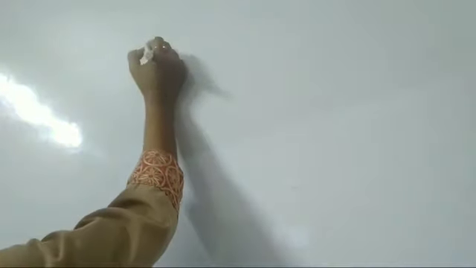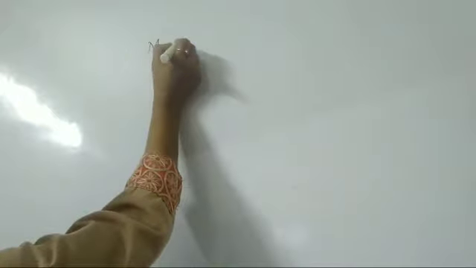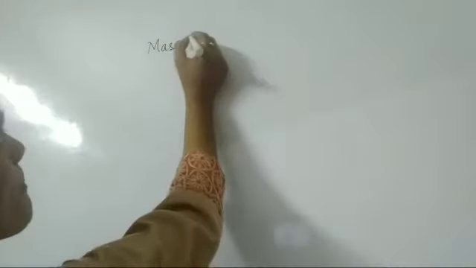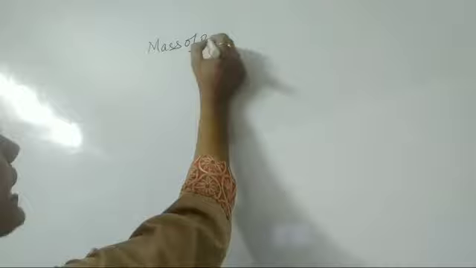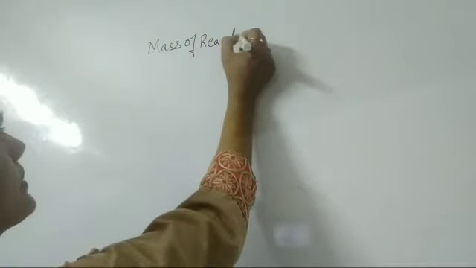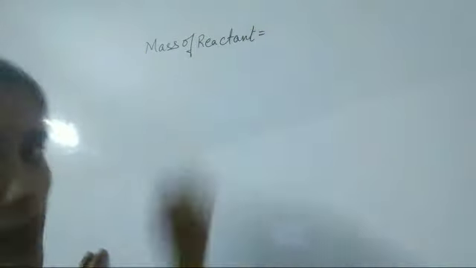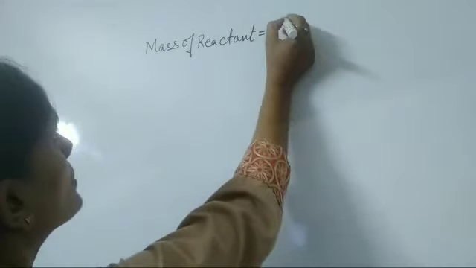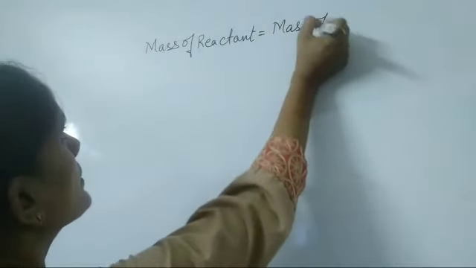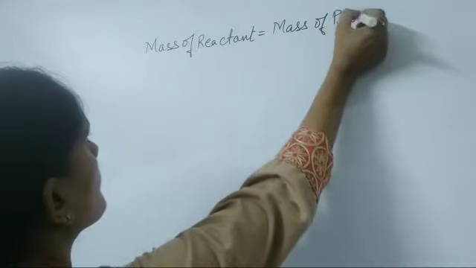In the law of conservation of mass, let me give an example. According to the law of conservation of mass, the mass of reactant is always equal to the mass of product. Clear?